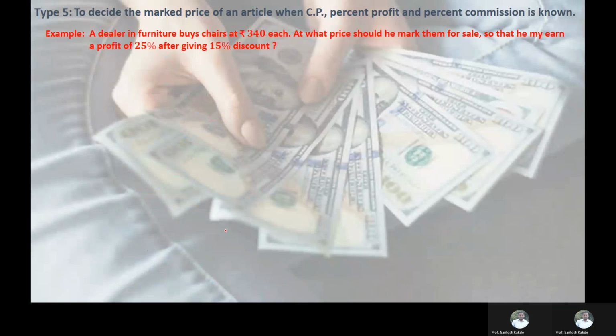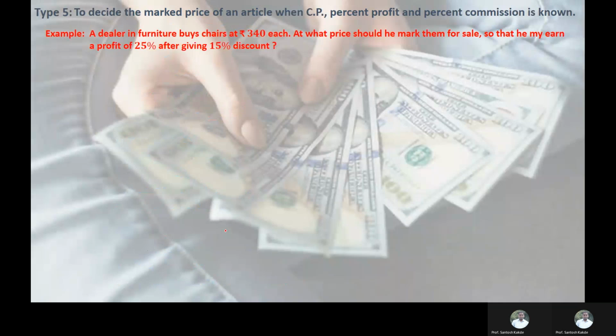15% discount? When you are going to the market, a lot of dealers or sellers give you discount also. After giving discount, they also earn the profit. Remember this one. So they use such a type of knowledge where profit and discount are also included, isn't it?